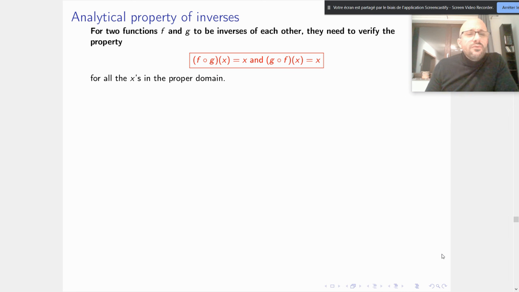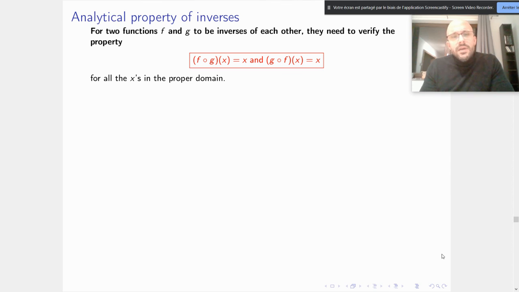So if you have two functions, f and g, and they have to be inverses of each other, you have to verify that f after g and g after f always give us x. If it gives us something else than x, then they are not inverses of each other. It's a very, very important property of inverse functions.